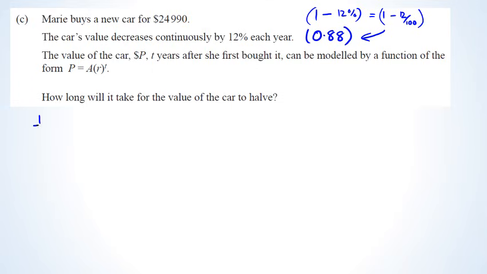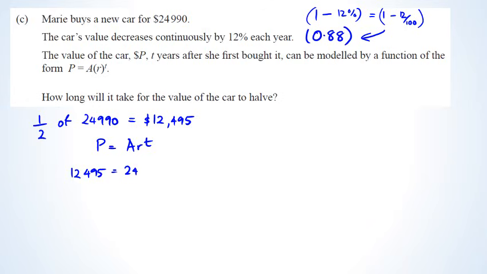So the first thing you want to do is find half of 24,990, which is $12,495. So we're trying to figure out at what time, what year, the price of the car is going to have halved. So we have our equation, which is P equals A times r to the power t. P in this case is 12,495.